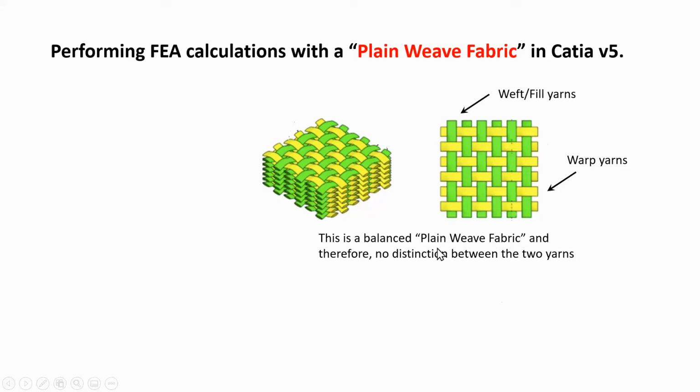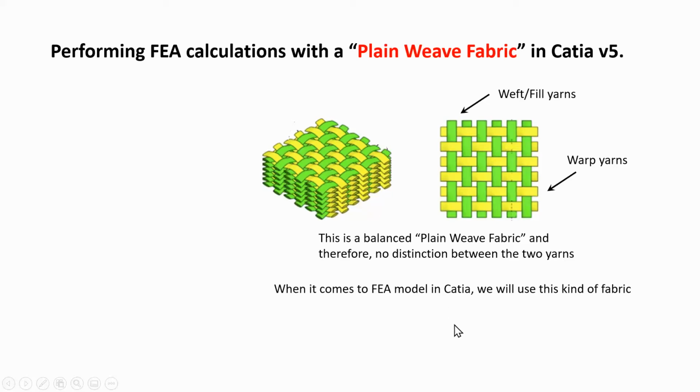But a plain weave means that things are identical in the two directions. By the way, these may be stacked on top of each other. In fact, very frequently to use fabric, you use a manual layup or some automated structure to stack them on top of each other in different directions.